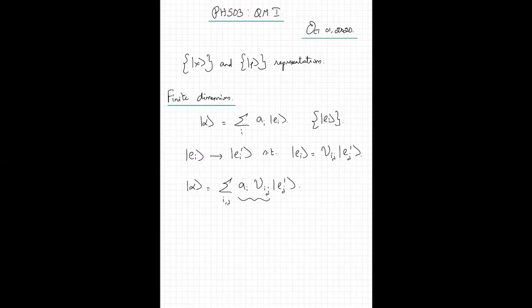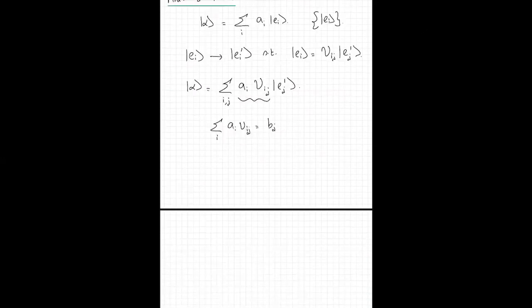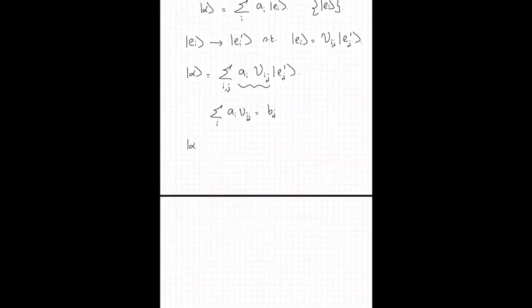So this is a summation over both i and j, and this I can call some b_j. So I can write the exact same vector alpha as the sum over j, b_j e_j prime, right? So as long as I know how the two basis sets are related, I can always expand the exact same vector in terms of any one of the basis sets. The choice of basis sets depends on the problem at hand. So you choose the basis set that makes your life easy.